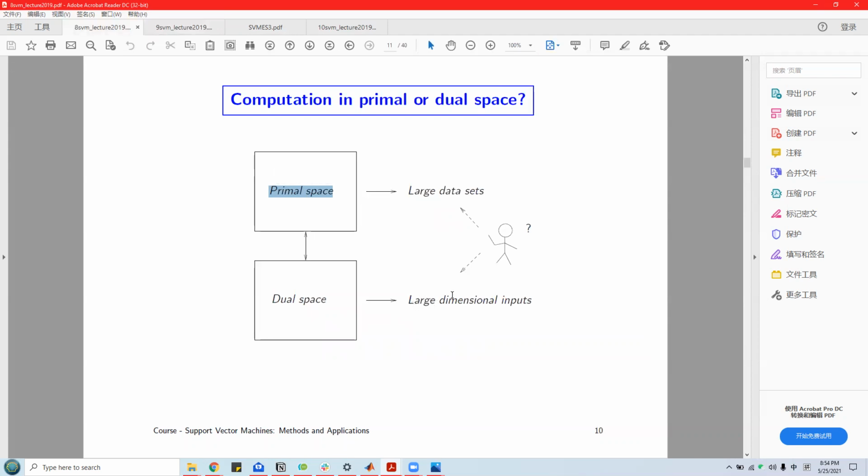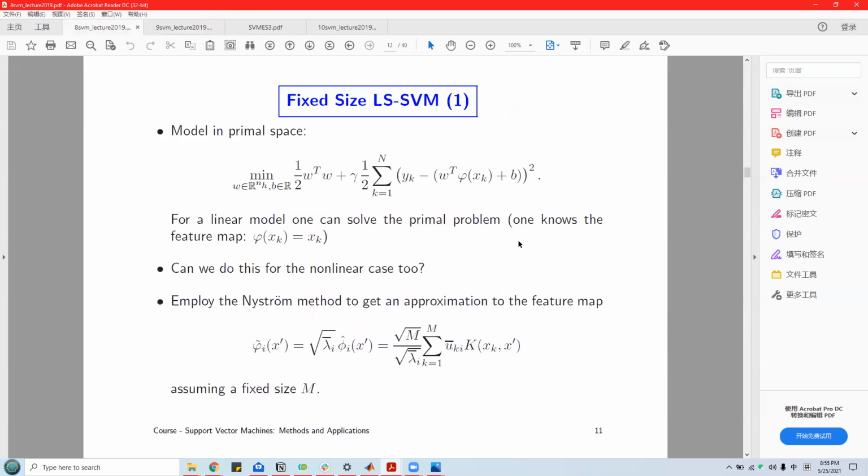And if your data has a high dimensional input and not too many data points, then you should solve the computation in the dual space. So that's the answer. But then of course you need to add something to explain why you think like that.